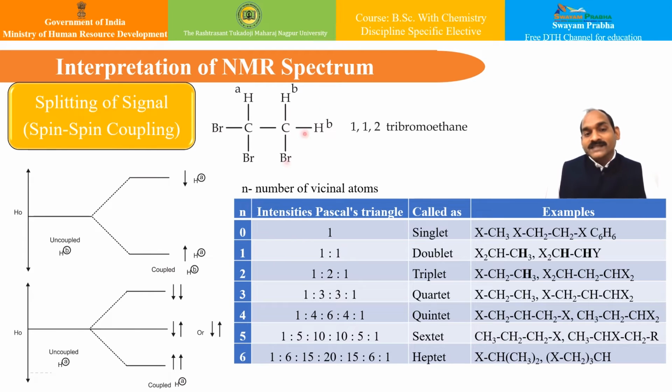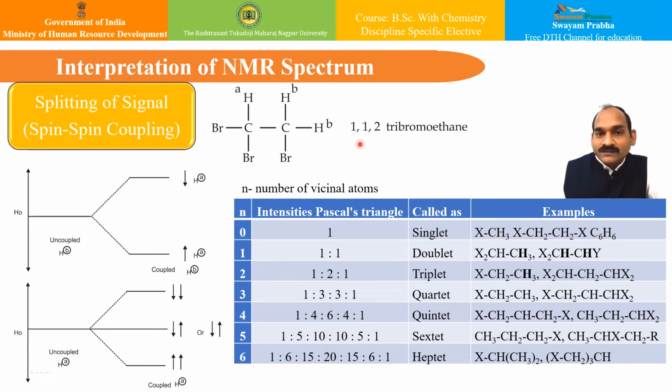Now on what basis does this splitting or coupling occur? That is given by Pascal's triangle. If 2 protons have different chemical shifts and are within 3 bonds, that is, they are geminal or vicinal, then the protons will be coupled to each other, and the signal will be split into a doublet due to the 2 magnetic orientations of the other proton.